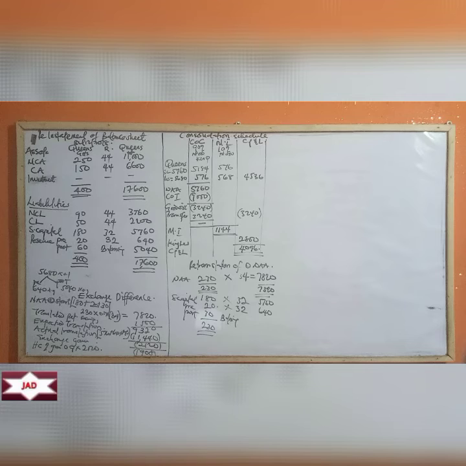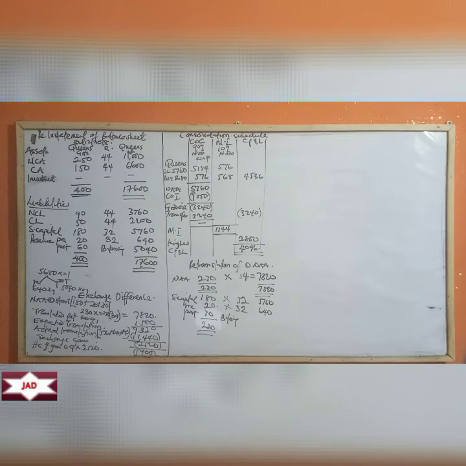Okay. Plus 640. No, 5,760 rather. 5,760 plus 640. That's 6,400.